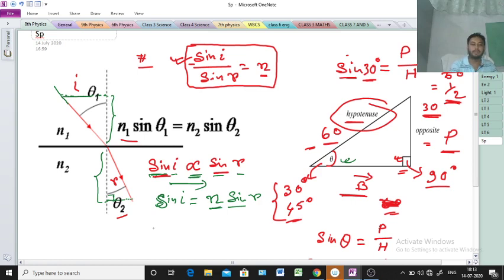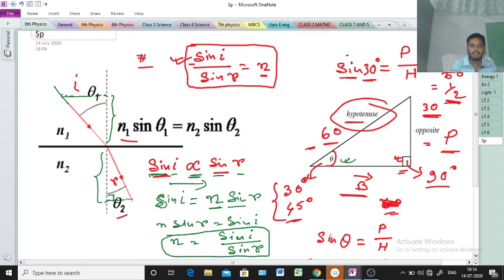So if you simplify, n sin r equal to sin I, then n equal to sin I upon sin r.